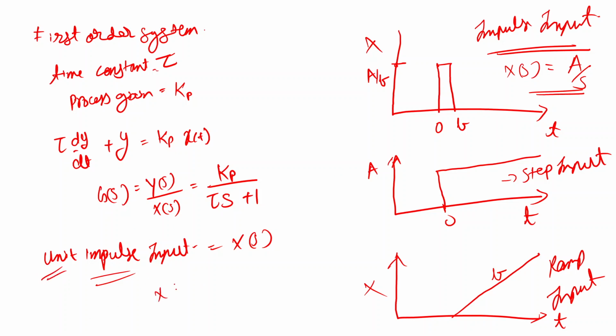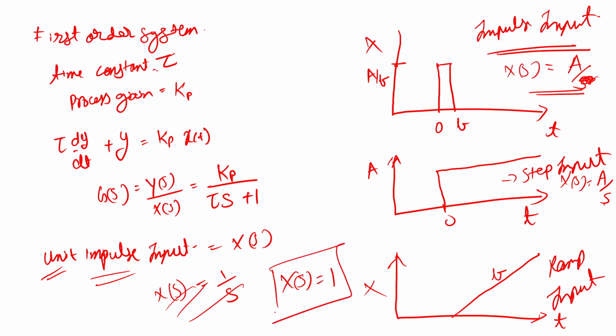So in case of an impulse input, X of s is straight away a, and in case of a step input, X of s will be a upon s. So in this case, the input transform, that is X of s, will be 1.